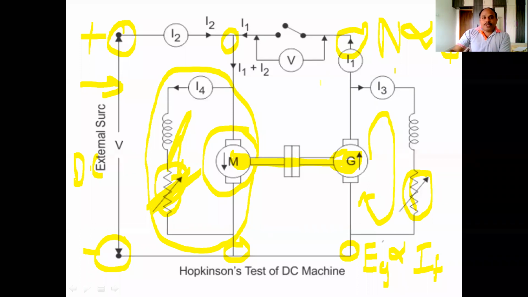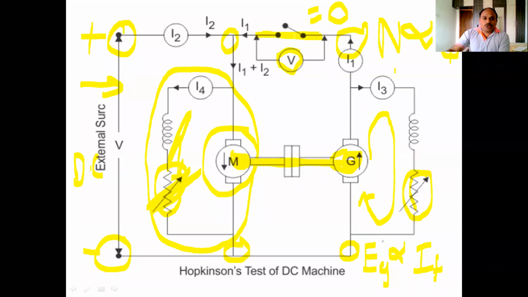In that case, the voltmeter reads zero, because a voltmeter measures the potential difference between two terminals, and we have made the two terminals' potentials equal. If the voltmeter reads zero, the switch is closed.